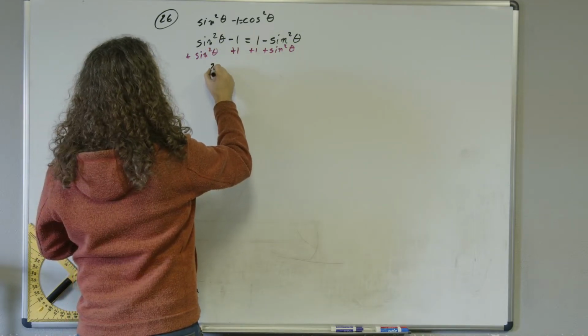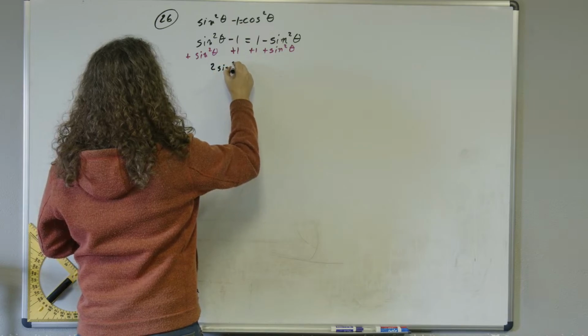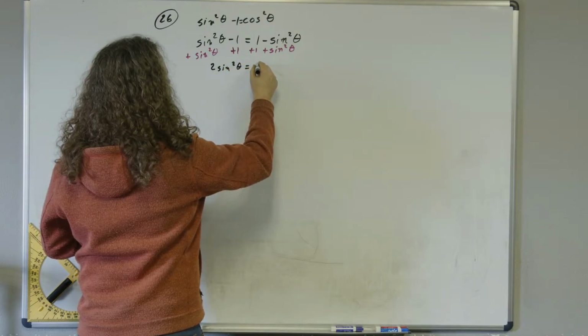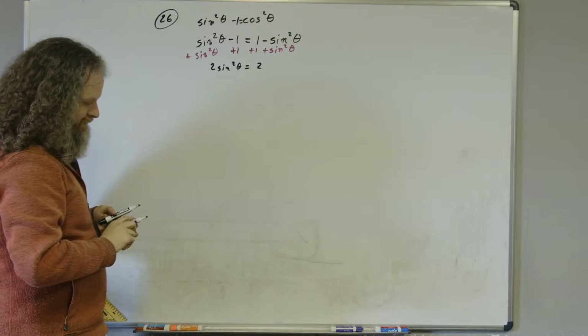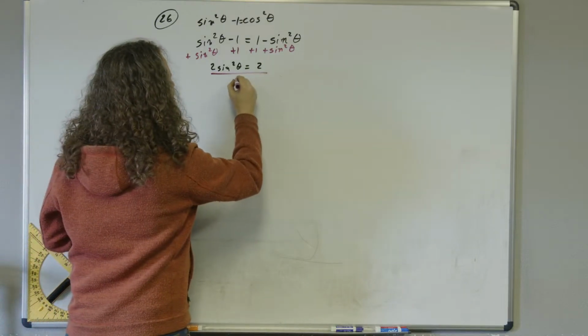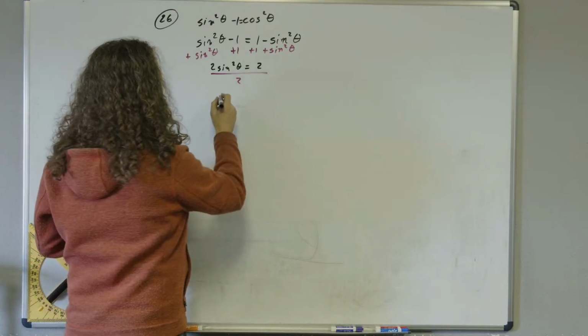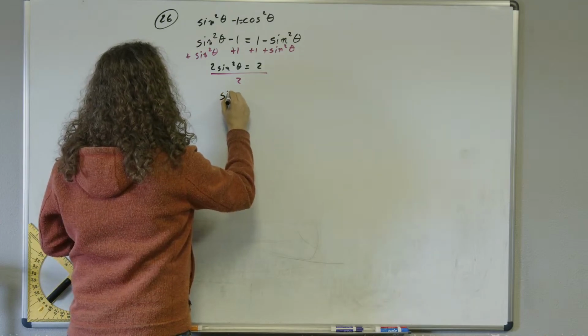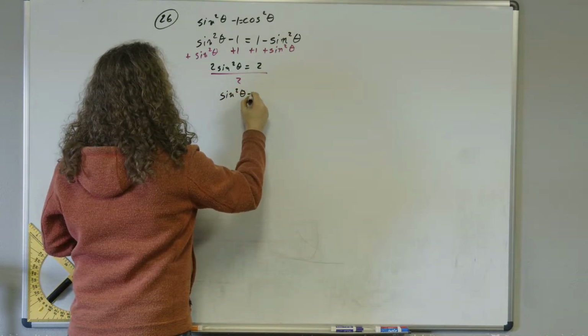We get 2 sine squared theta equals 2. Divide both sides by 2, and we end up with sine squared theta equals 1.